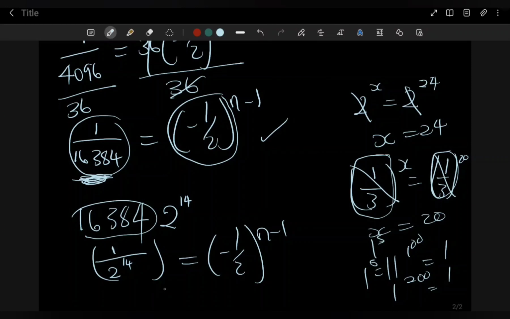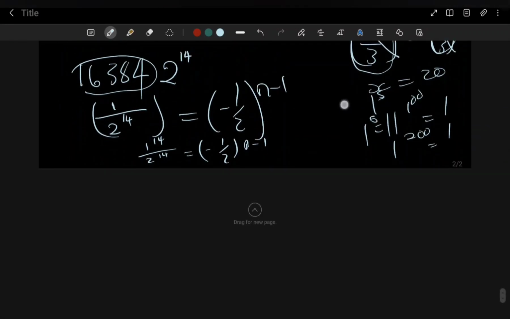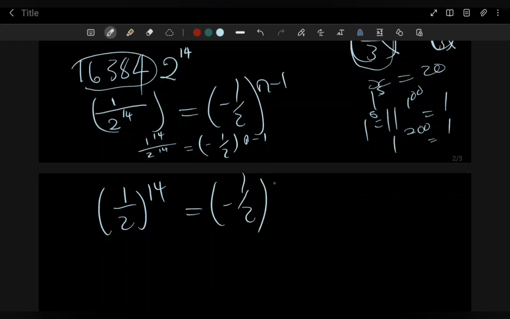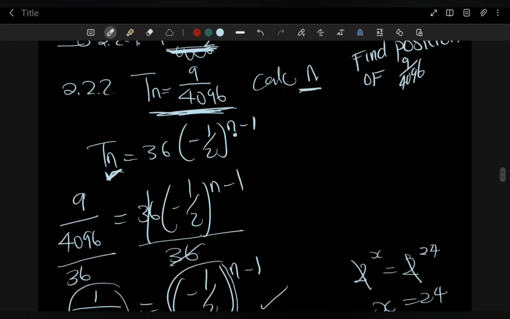So we can say 1 to the power 14 all over 2 to the power 14 equals minus 1 over 2 and minus 1. Let me just go to the next page. And all this you can just write as 1 over 2 to the power 14 equals minus 1 over 2 and minus 1.